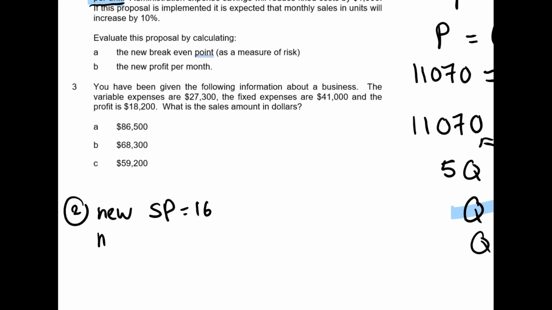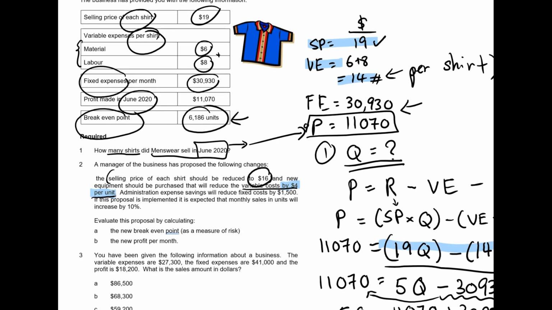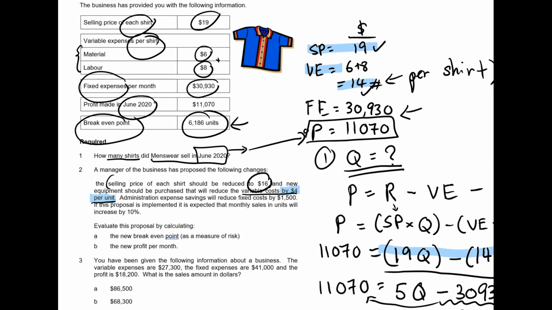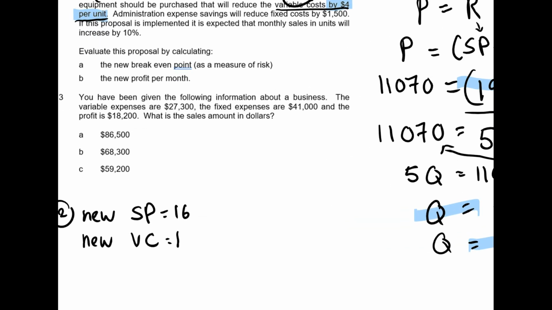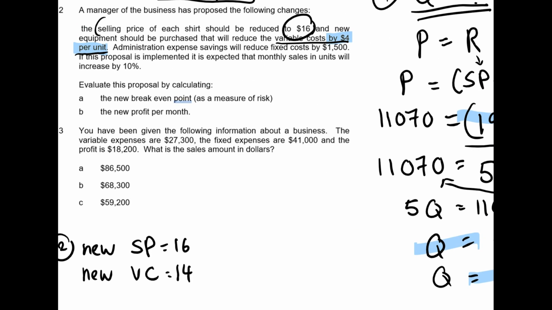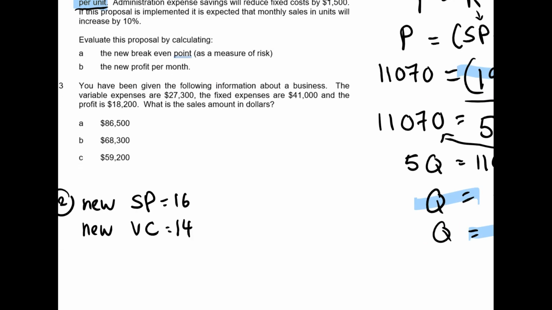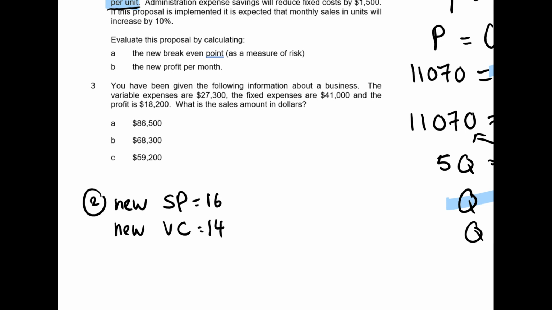Your new variable cost, or we call it variable expenses: your old variable cost is $14, and it will reduce by $4, which means you need to minus 4. So your new variable cost is $10 per shirt.